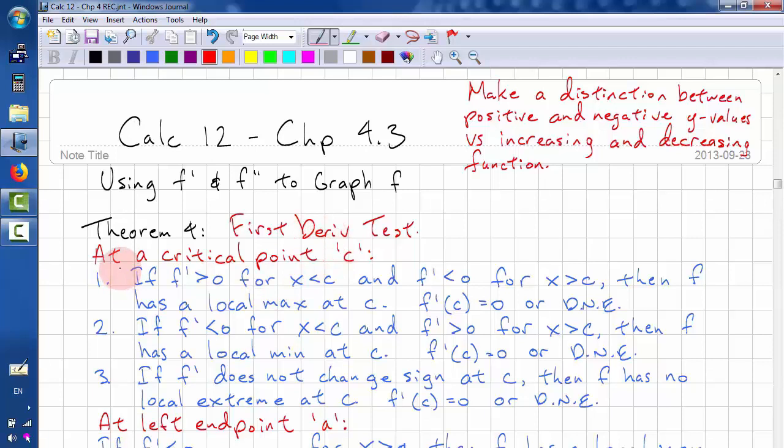This is important. At a critical point c, if f prime is greater than 0, so you want to think of this as positive, so something greater than 0 is positive, or this actually means increasing, for x less than c, and it's better to think of this as left of c, and f prime is less than 0, so negative or decreasing.